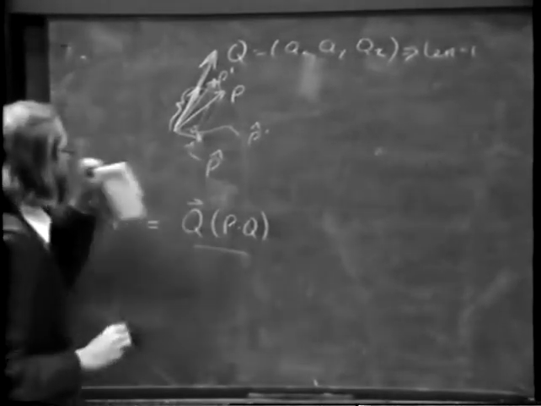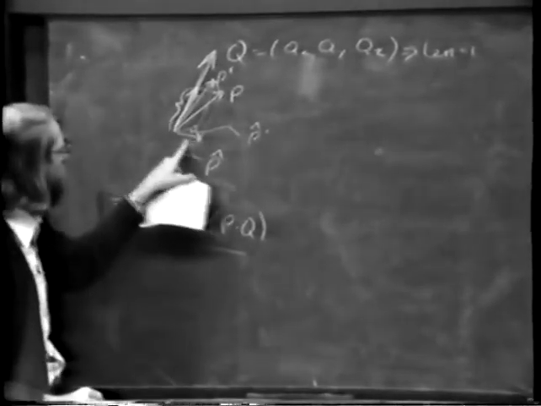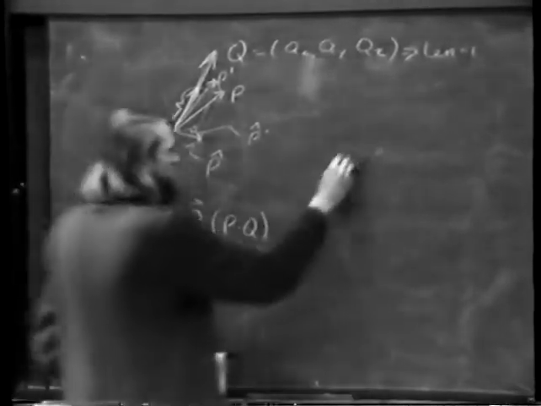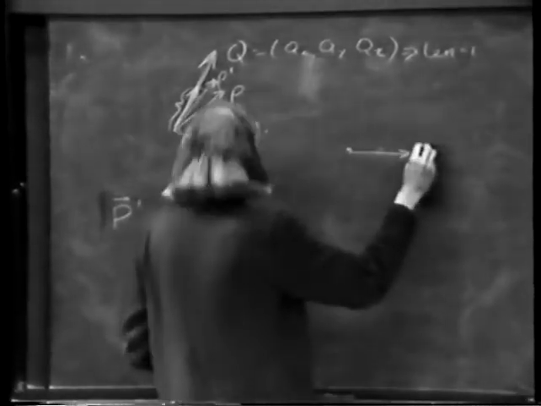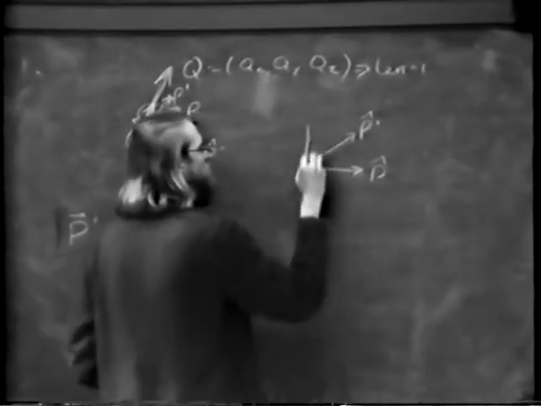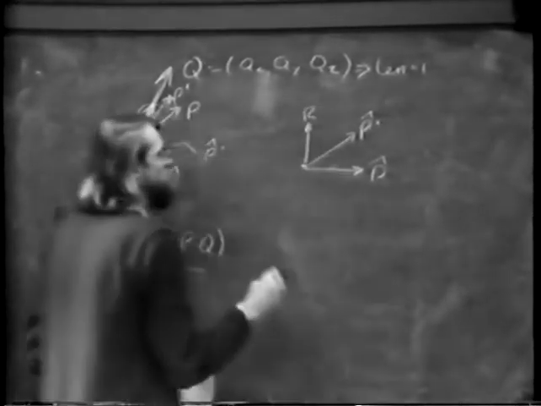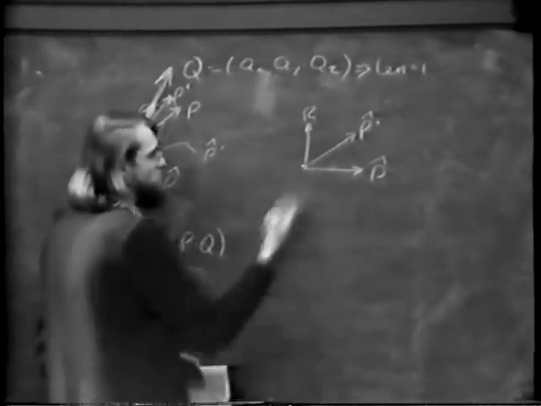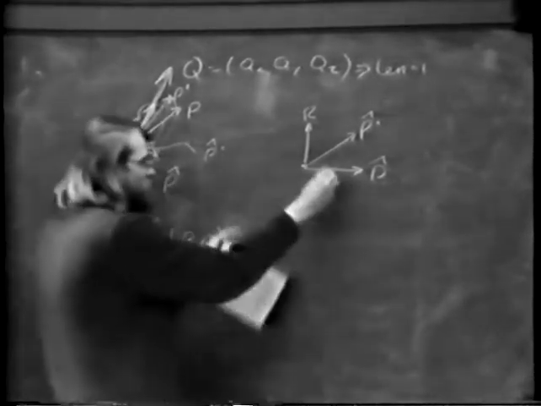Now if we take P prime along here, and let's make a top view, sorry, P hat, and let's invent another vector that's called R, which is perpendicular to this. This is kind of a little two-dimensional coordinate space now.